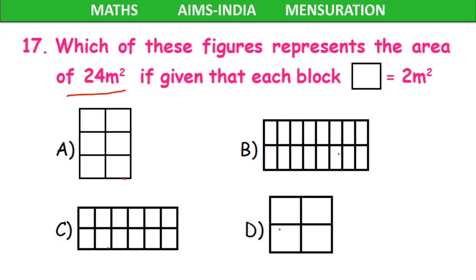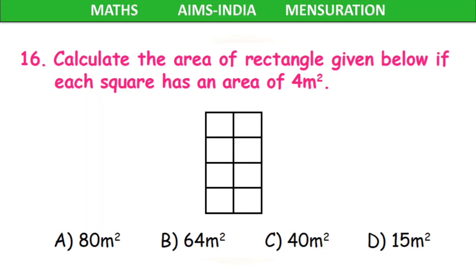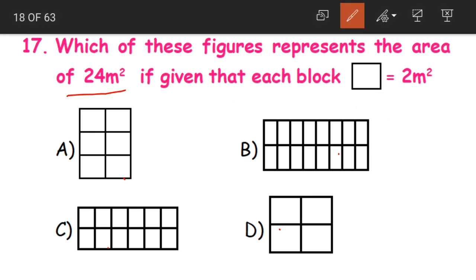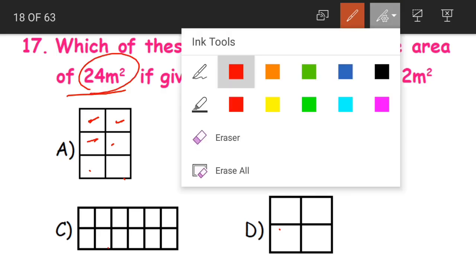In the previous question we found out the area of the rectangle. But here they have given that the area of each square is 2 meters square. So we have to find out that figure whose total area is 24 meters square.